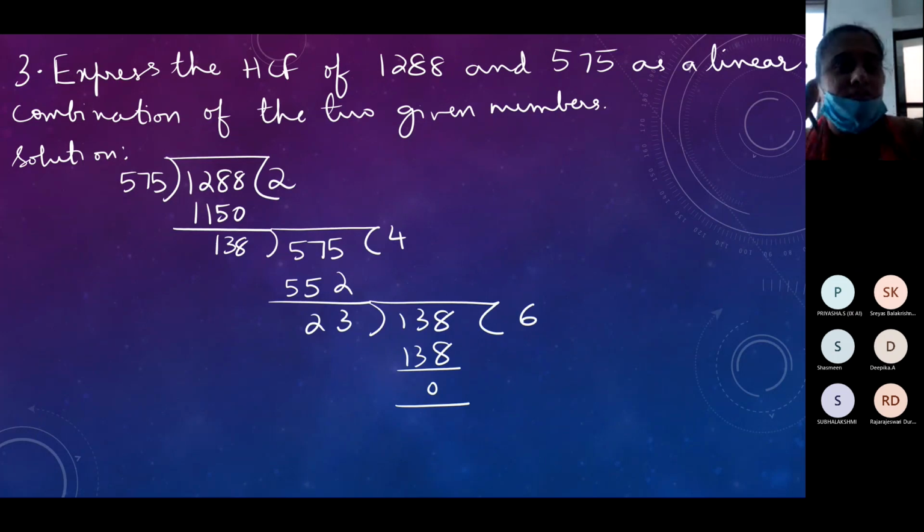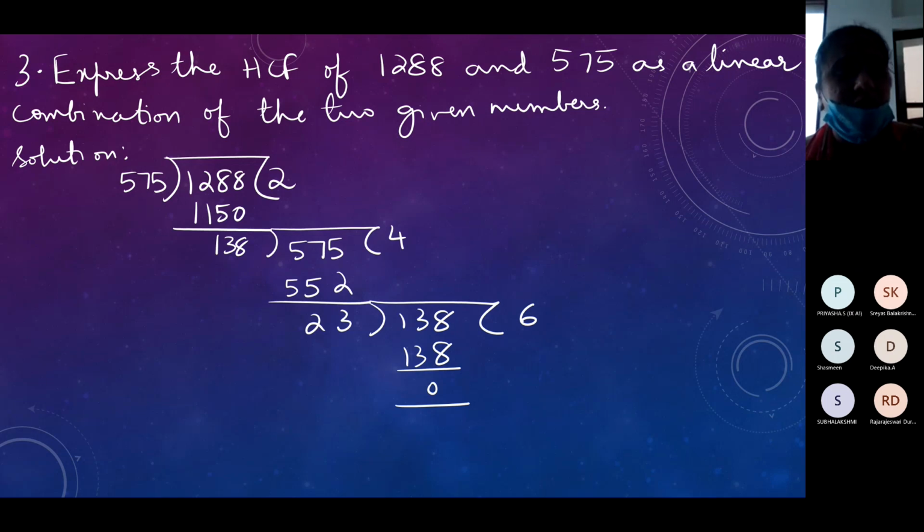Now, okay, finish writing. All of you finish writing? All right. So we have 3 stages in division here, and the remainders in the 3 stages are 138, 23, and 0.